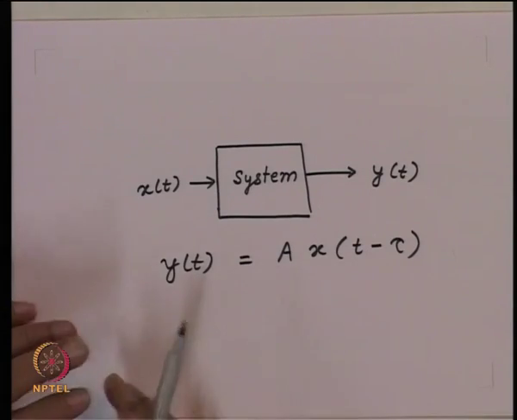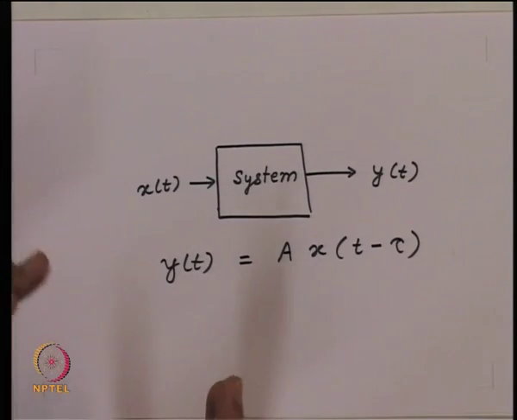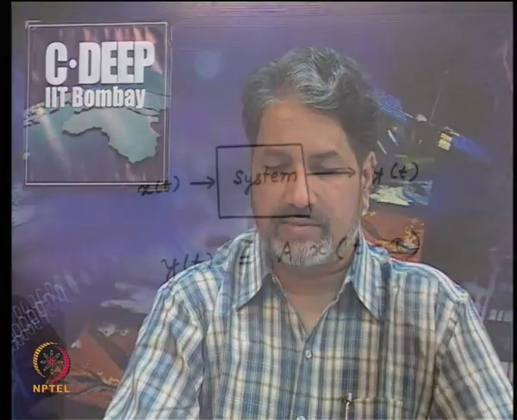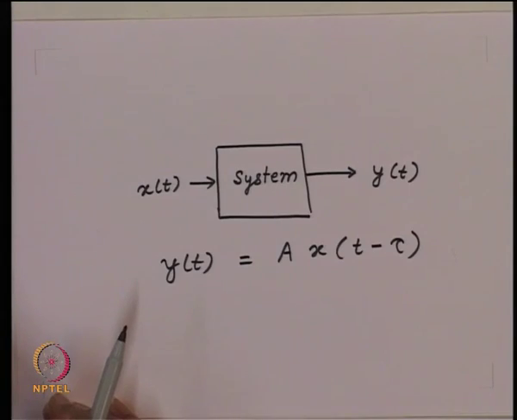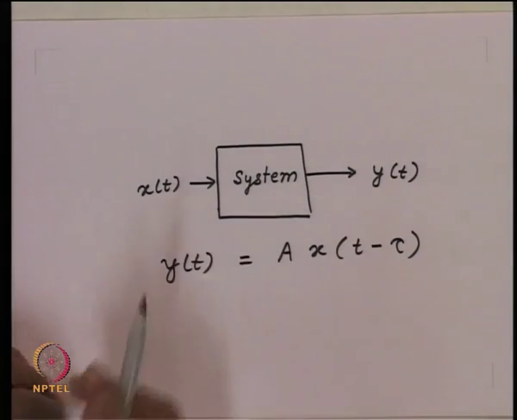If this thing does not happen, then we say the system produces distortion. So, any signal undergoing amplitude change as a whole and delayed in time is not called a distorted signal. One can then ask a question, to get this behavior in time, what should be the frequency response of this system?